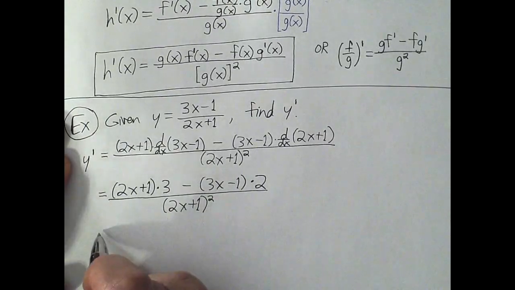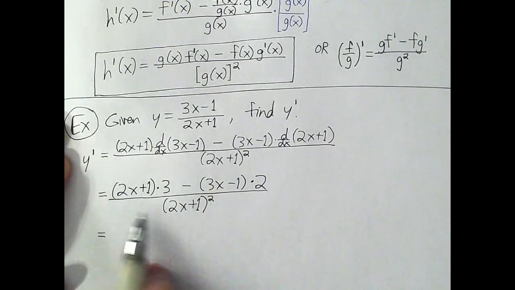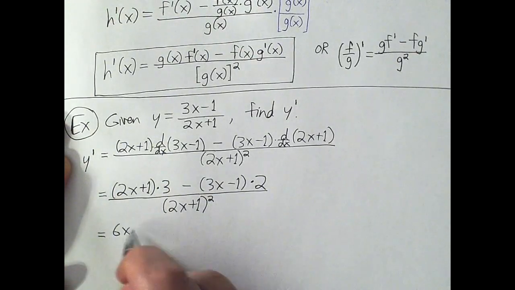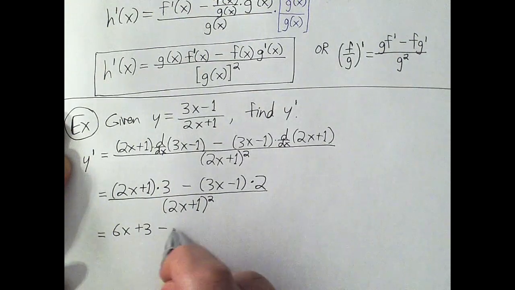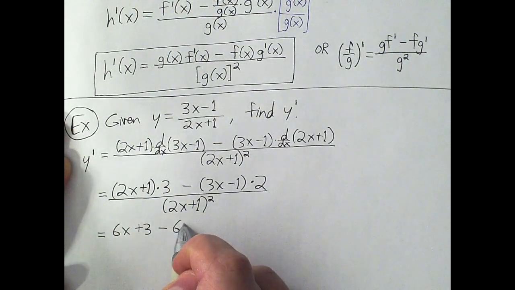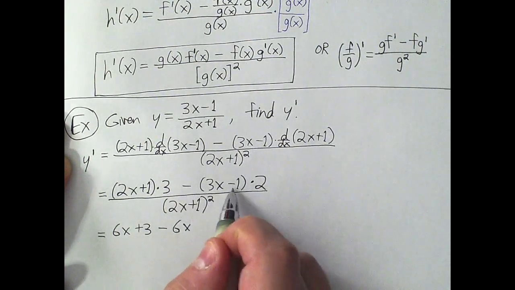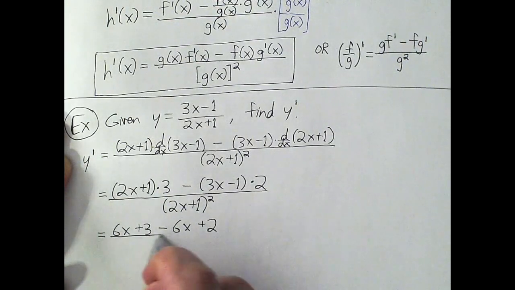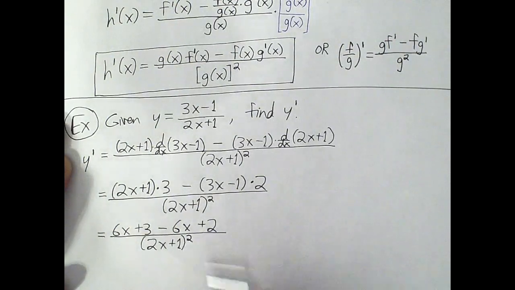And I think there still might be some simplifying. What I'm going to do is distribute what's up top. 6x plus 3 minus 3x times 2 is 6x. And then minus 1 times 2, so this is going to get us a plus 2. And look at that.